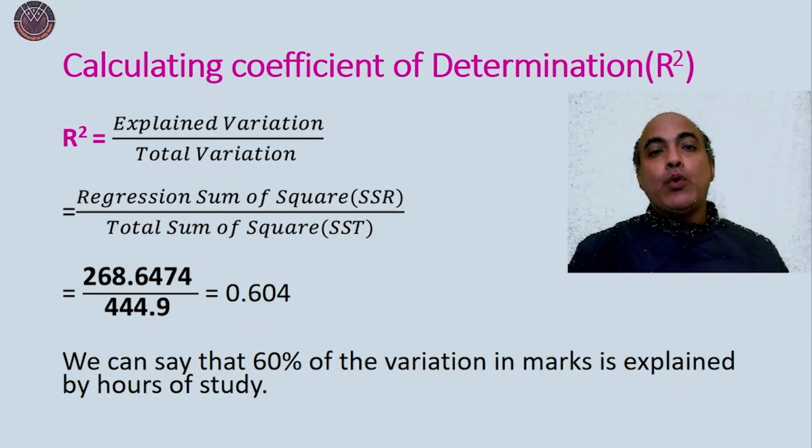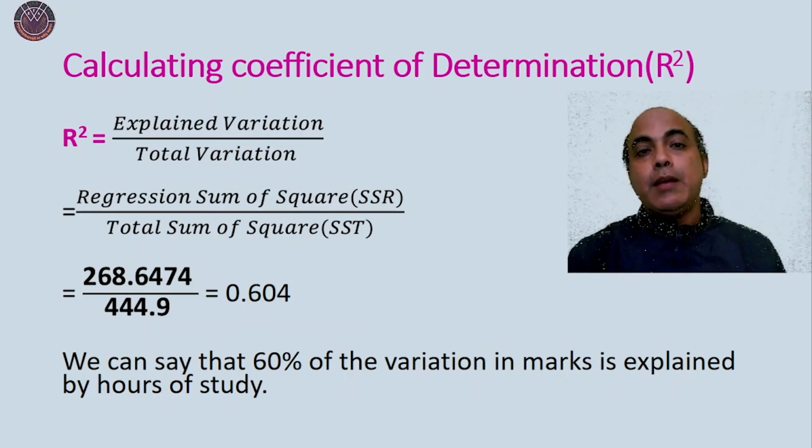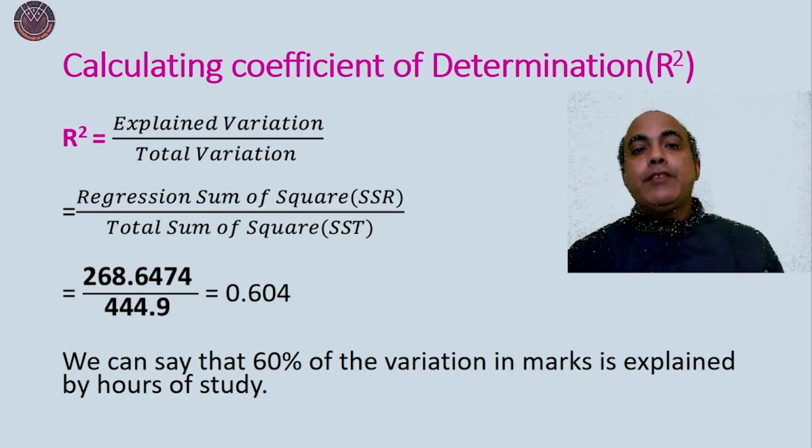So if it is closer to 1, then our model is quite powerful. That means we are able to explain a sufficient extent of variation in the dependent variable by our independent variable.